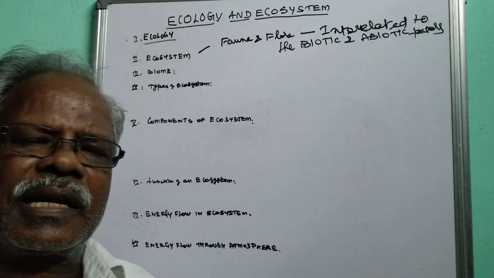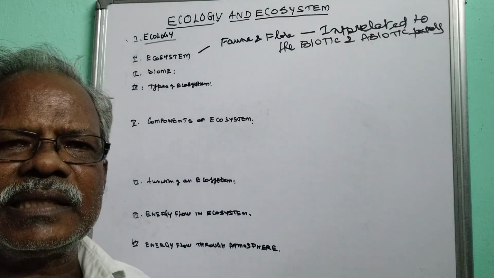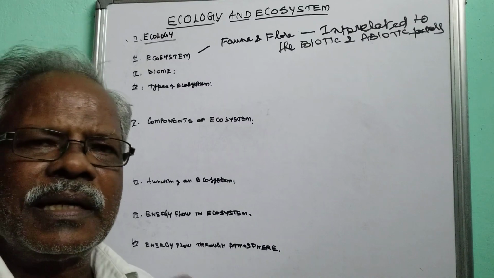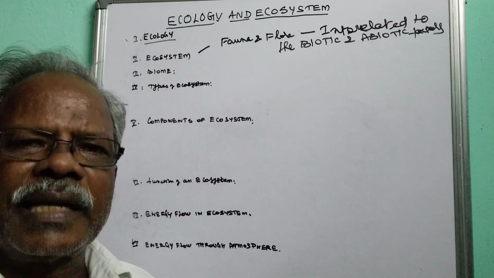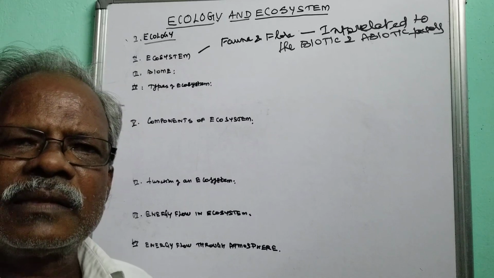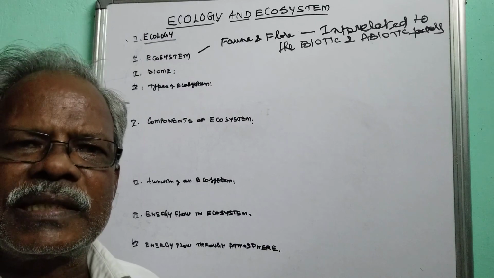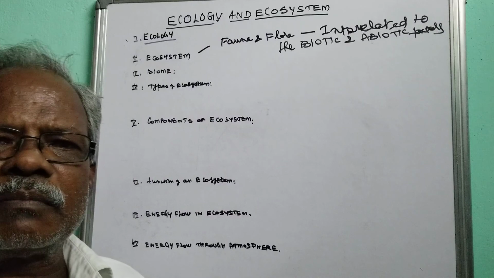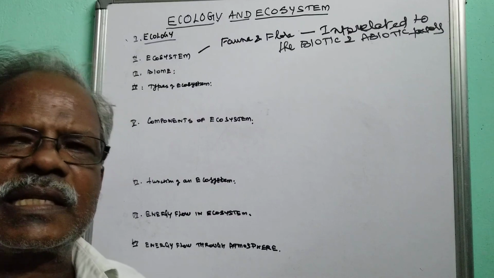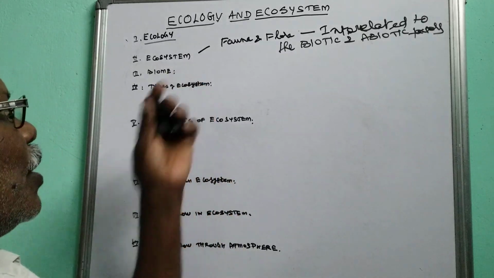So the biomes are divided into tundra regions, the savanna grasslands and desert, the Thar desert or Sahara desert, and in particular deserts, what all the animal species are found, and rain forest, temperate forest. These things we are going to study in biome.